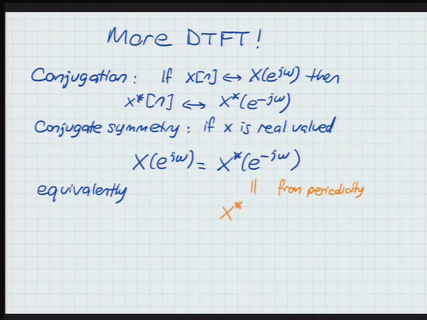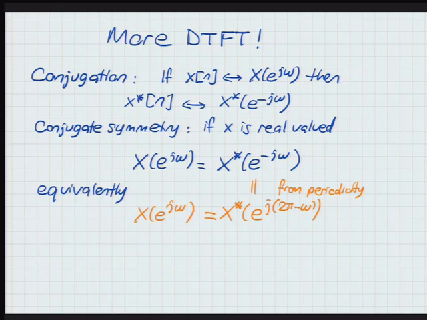If I advance omega by 2π, I'm going to get the same thing. So this is the same as X(e^{j(2π-ω)}). So we have this additional property that is unique to DTFT because DTFT is periodic with 2π.